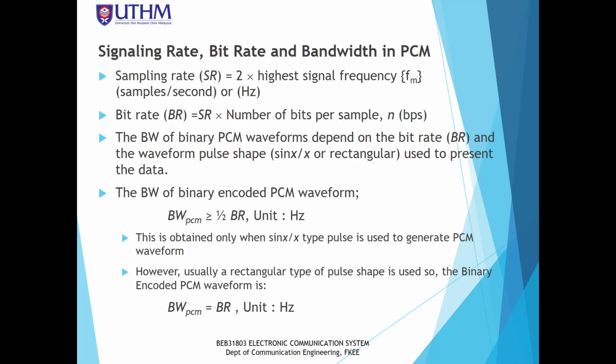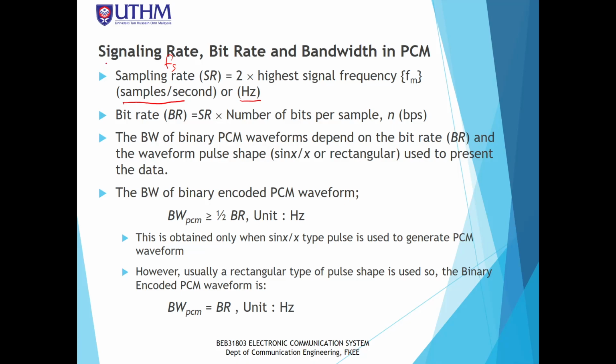Okay, so signaling rate SR is equal to 2 times the highest signal frequency fm. So this is actually the sampling frequency. Okay, sampling rate is actually the fs. Okay, how many samples that you take per second. Okay, so this is based on the Nyquist theorem as well. Okay, and you produce the output of sample in terms of sample per second or in terms of hertz.